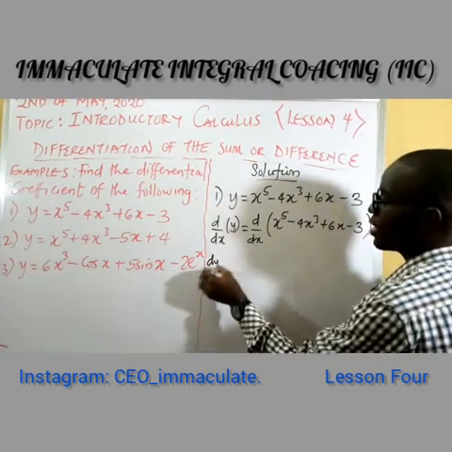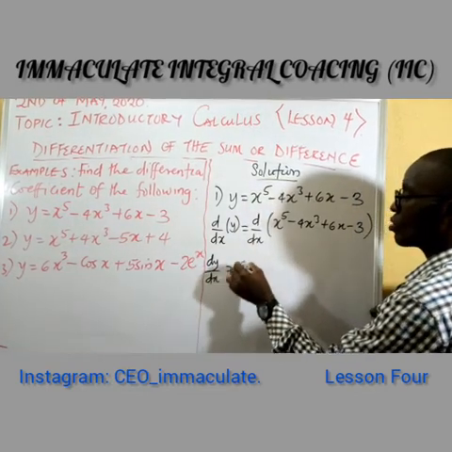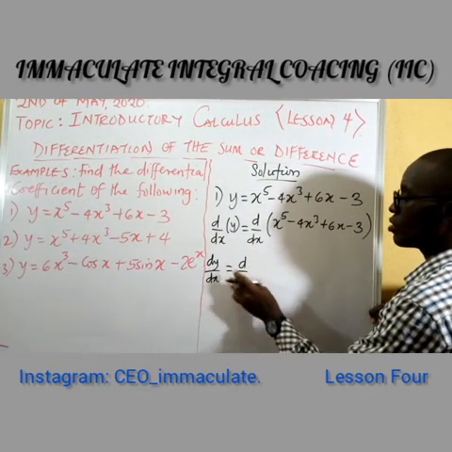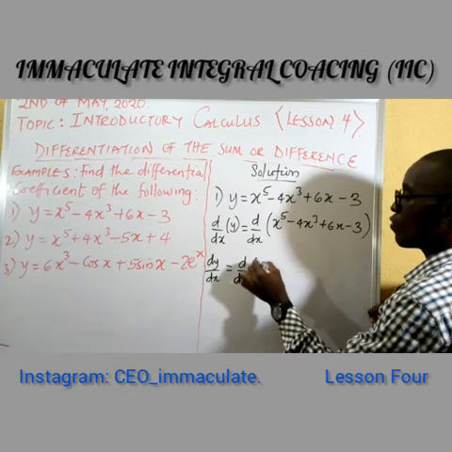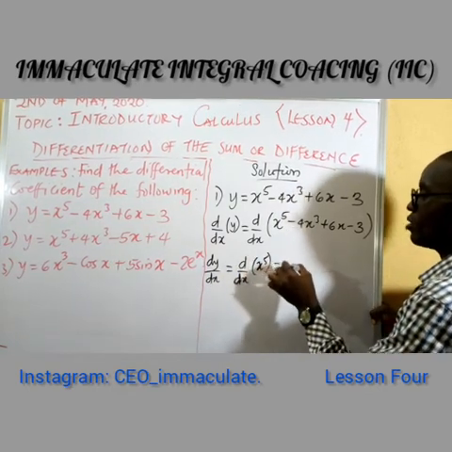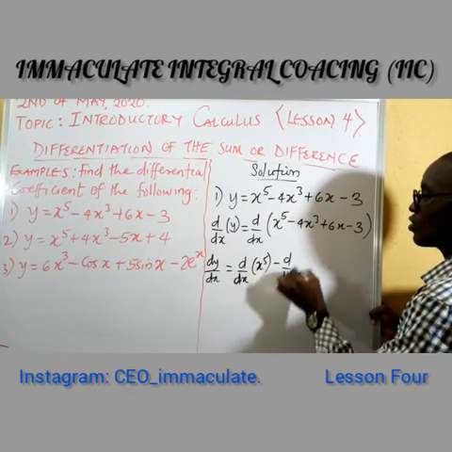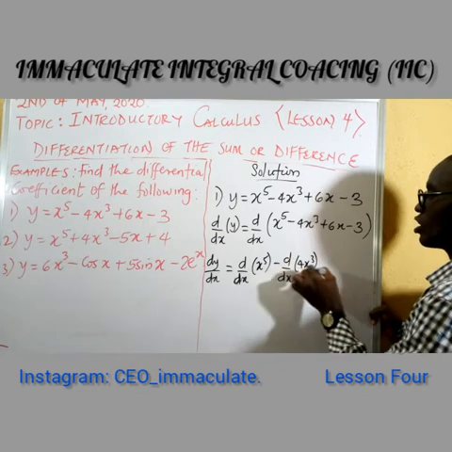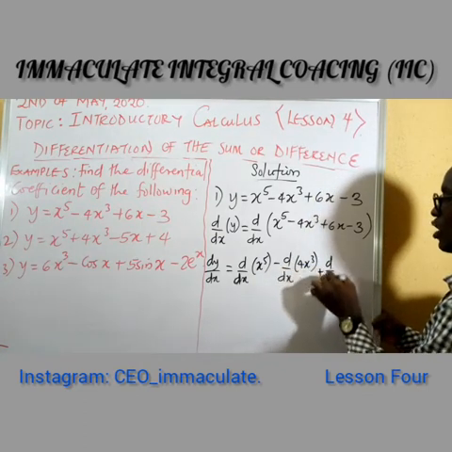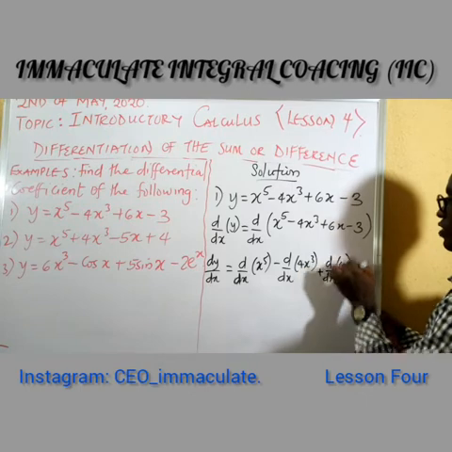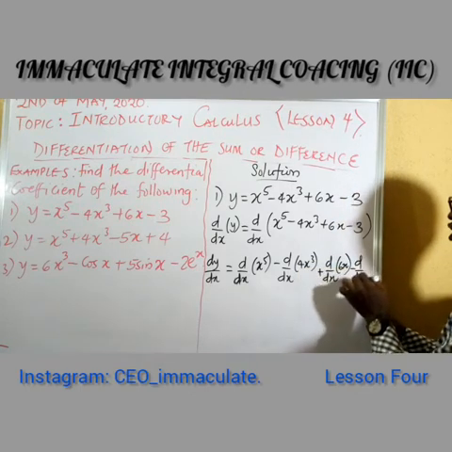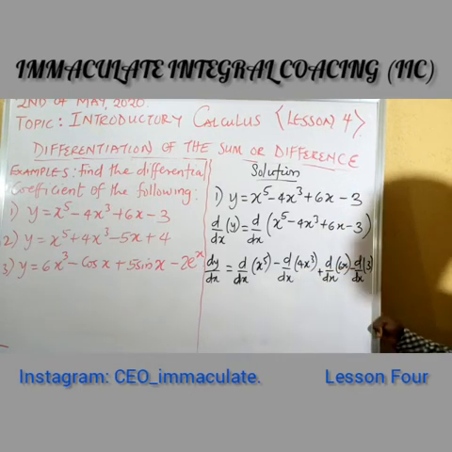So dy/dx equals d/dx of x to the power 5 minus d/dx of 4x to the power 3 plus d/dx of 6x minus d/dx of 3.